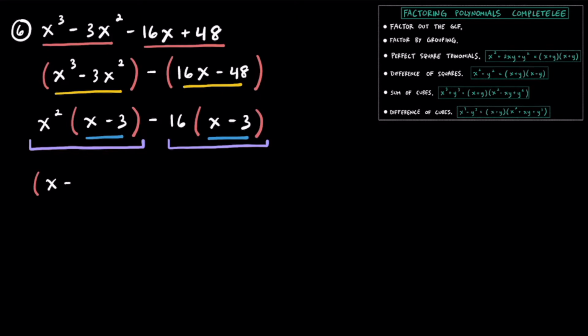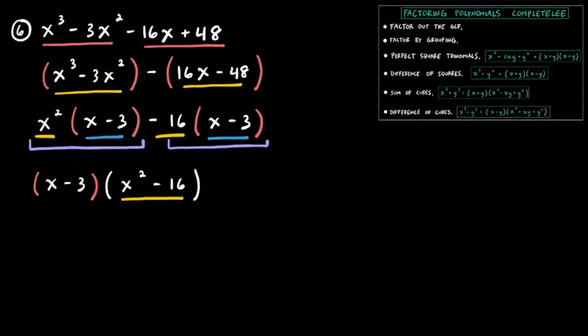I know it's a little weird, but the GCF of them is x minus 3, so it's a binomial that's the GCF. However, what's left over if you factor out x minus 3 from both is you're going to be left with this x squared and the minus 16. That's where this x squared minus 16 is coming from.